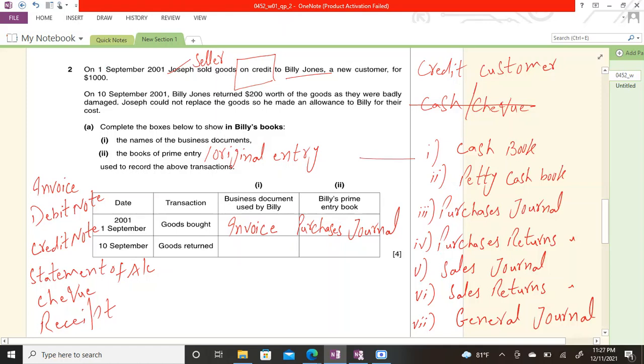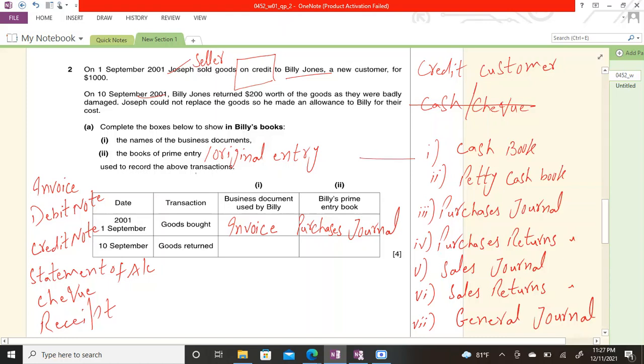Then on 10th September 2001, Billy Jones returned 200 worth of the goods as they were badly damaged. And Joseph couldn't replace the goods, so he made an allowance to Billy for their cost. So the seller allowed that yes, you can return the goods and the amount will be reduced. When Billy returned the goods, Billy sent a debit note to the seller, and then the seller will send him a credit note for the confirmation.